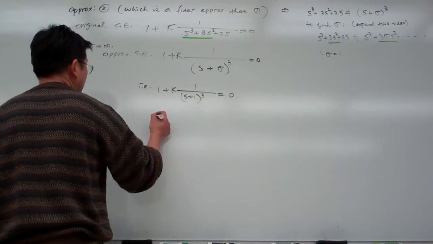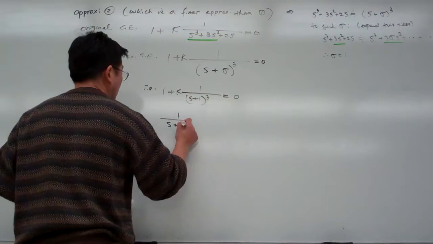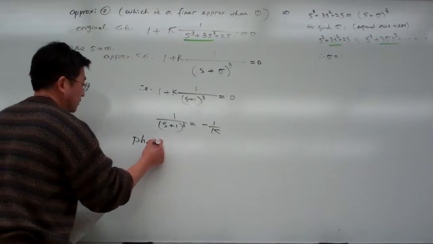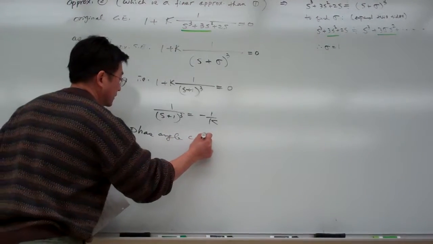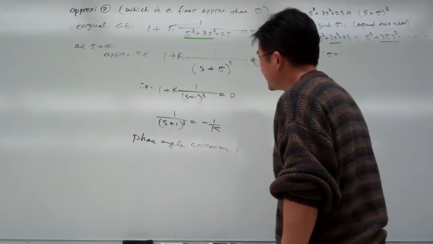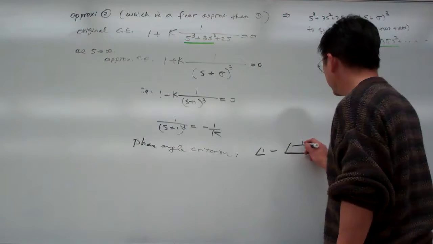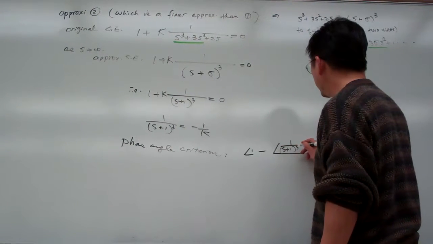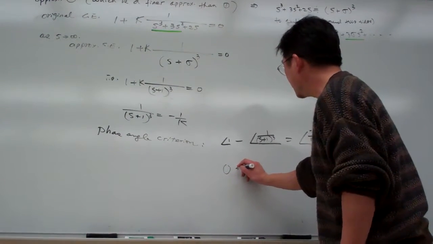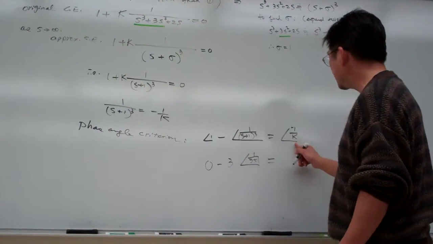So again, here we have s plus 1 cubed equal to minus 1k. So our phase angle criteria will give us this: 0 minus 3 times the angle of s plus 1 equals this one.